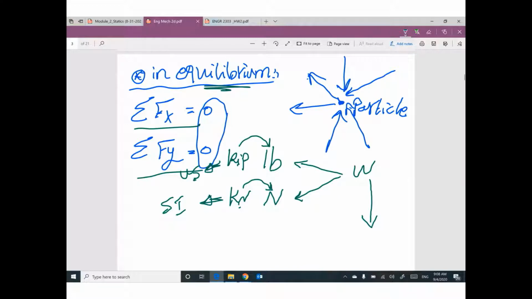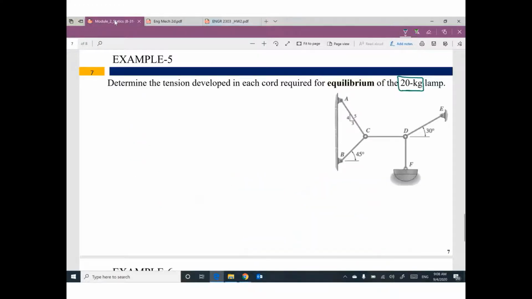But if the weight is given in kilogram, we need to multiply it by acceleration of gravity, 9.81 meter per second square. So if you multiply kilogram by meter per second square, you can get your value in Newton. So we have here a lamp with 20 kilogram.